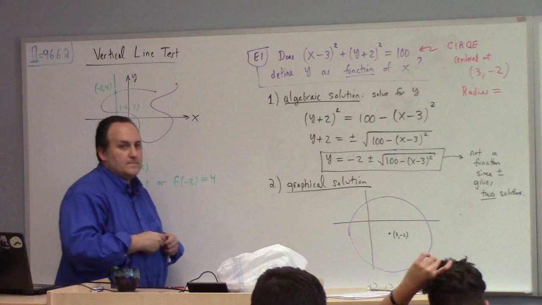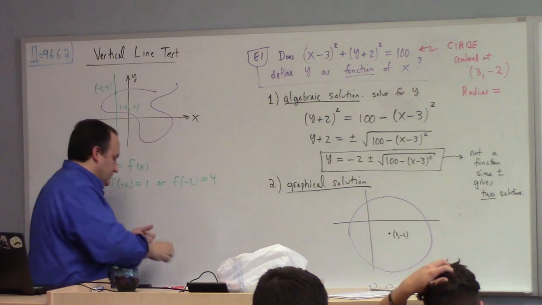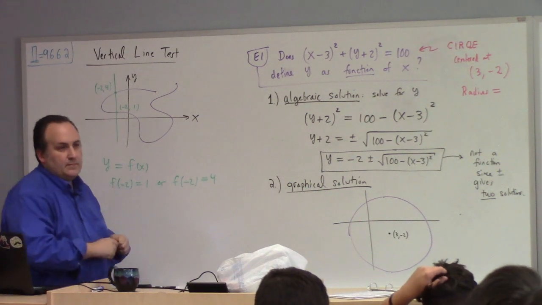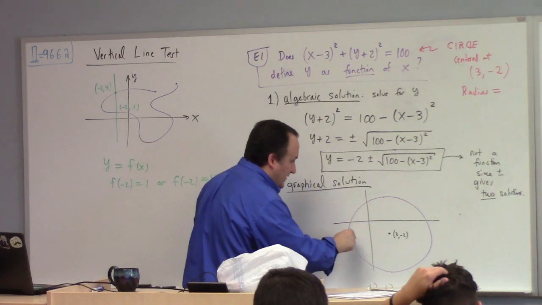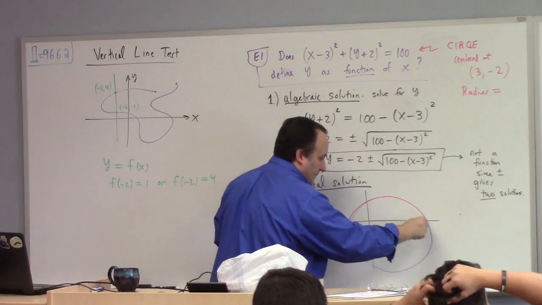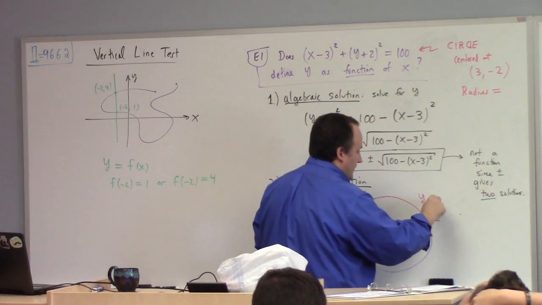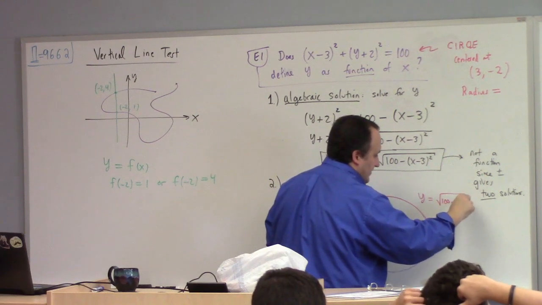Oh, wait. So the top of the circle, right, is exactly what we found algebraically. You see it? The top of the circle is the plus. That's y equals the square root of 100 minus (x minus 3) squared.